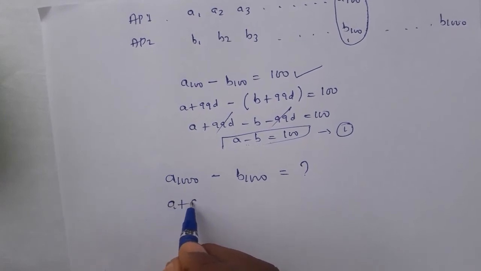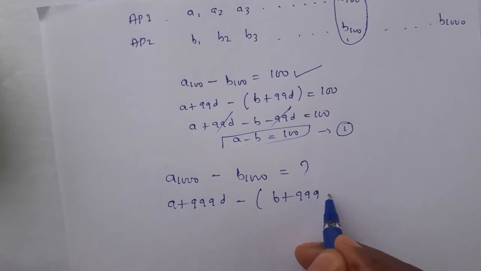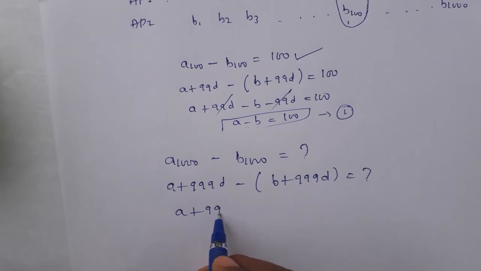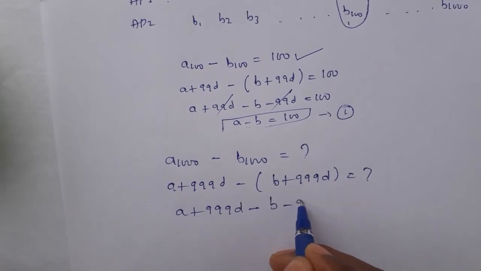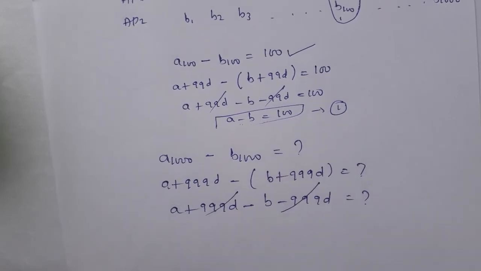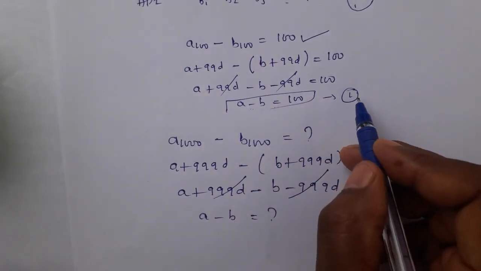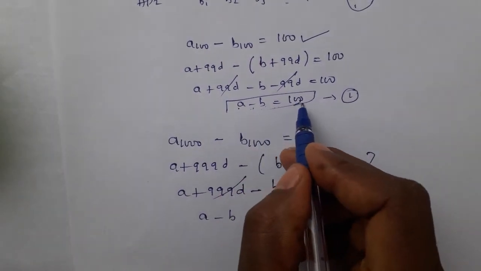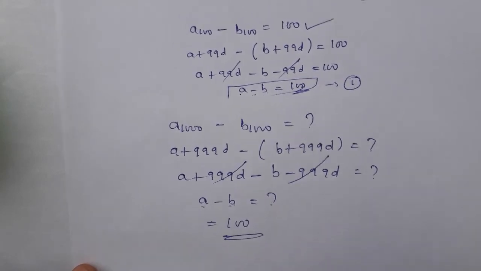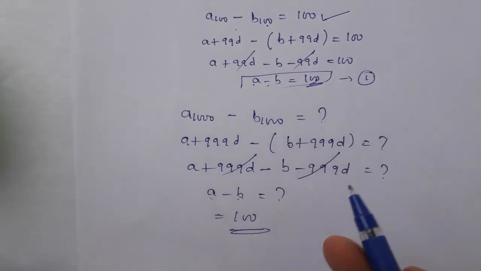A1000 expands to A plus 999D, minus B plus 999D, so A plus 999D minus B minus 999D. 999D cancels. What is left? A minus B is left. Already we know from equation 1 that A minus B is 100. So the difference between their 100th terms is 100, and even the difference between their 1000th terms is also 100.